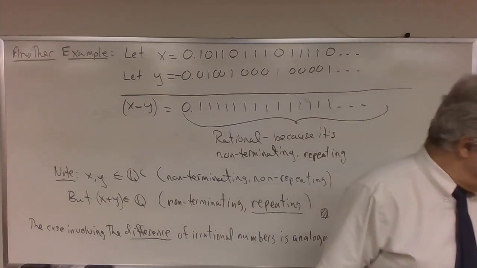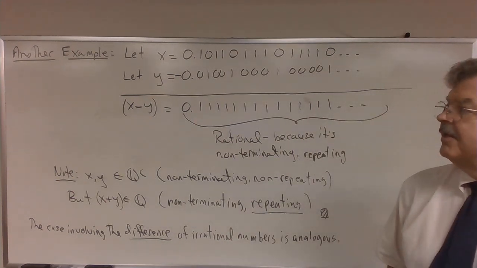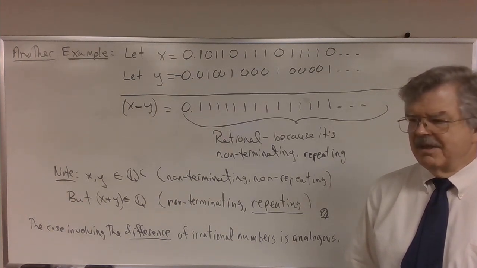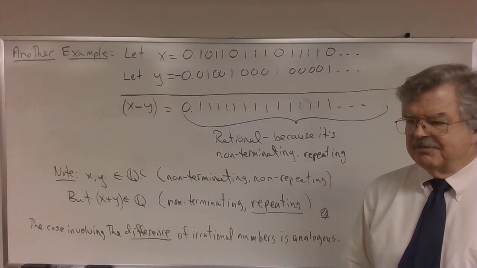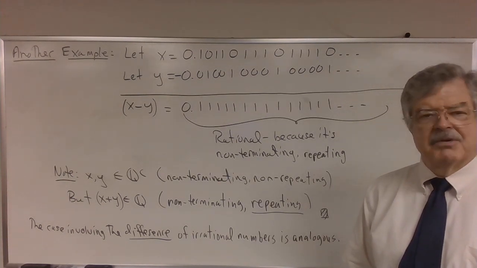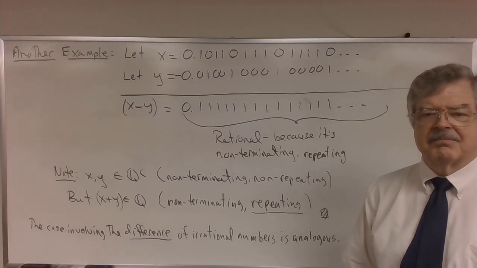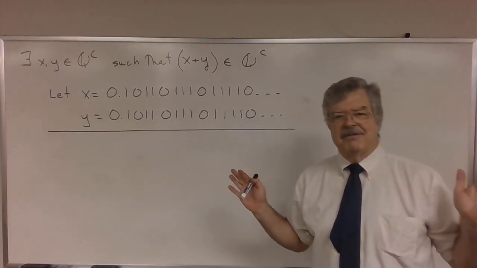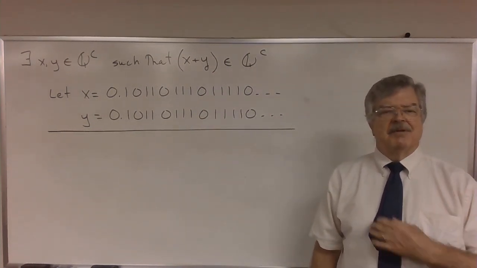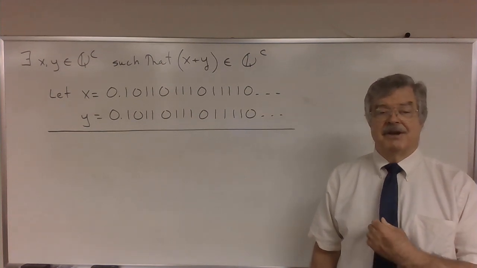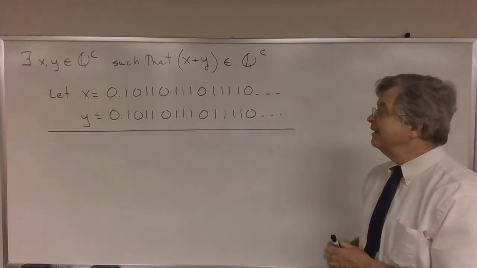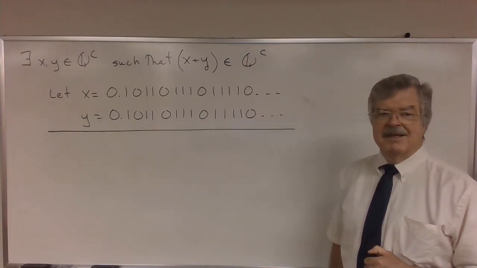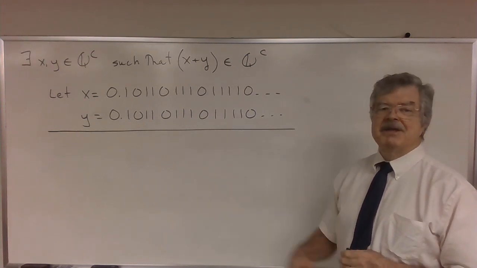Now, do I have time to do the second half of this proof? The sum or difference of two irrational numbers could be irrational. I just thought of a quick one. How to get the sum of two irrational numbers to be another irrational number. We'll use the same x that we used before, but now we'll let y be the same thing.